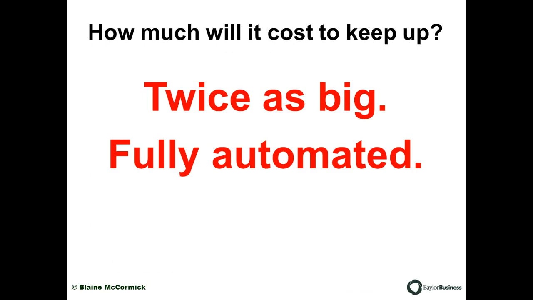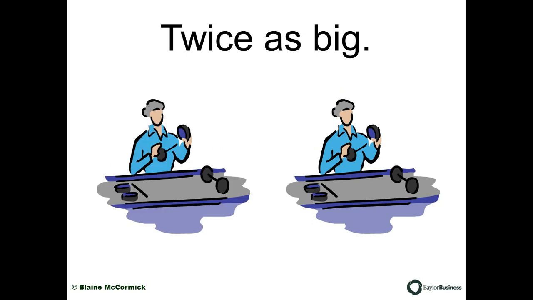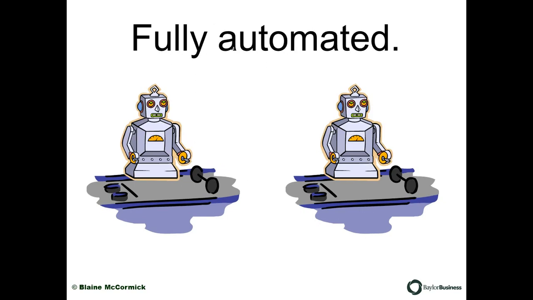And so it's going to ask you to calculate how much it's going to cost to get twice as big and fully automated for your capacity analysis. That is, to double your capacity from this much capacity to this much capacity, 2 lines, so to speak, or double the length, double the capacity of your existing line, and get fully automated, meaning that instead of people making your sensors, you have a robotic factory that makes your sensors.